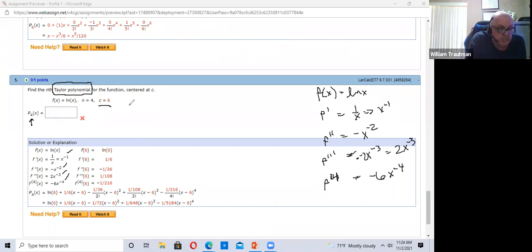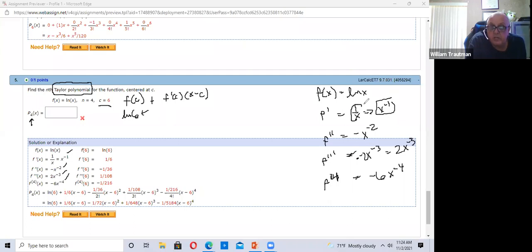Start off with f of c. Plugging 6 into there, and we get the natural log of 6. Next, once again, the formula is first derivative, plugging c in there, then we get x minus c. So here's the first derivative.